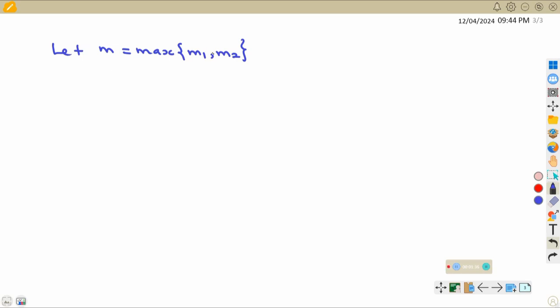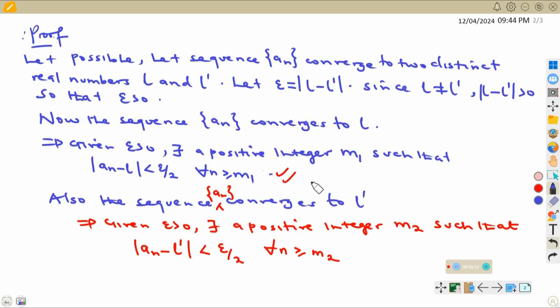So if we let m be the maximum of the two, it will imply that we shall be having the magnitude of an minus L. We shall be having this expression here. This expression here will be occurring for every value of n greater or equal to m, and this one here will occur for every n greater or equal to m.